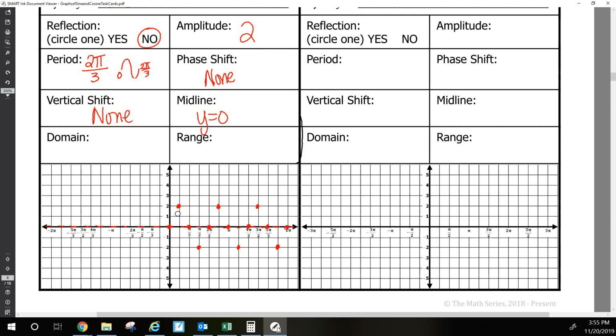And so notice that makes 1, 2, 3 full cycles of sine over the course of 2 pi. So 3 cycles in 2 pi, or you can think of it as it completes one full cycle in 2 pi over 3.